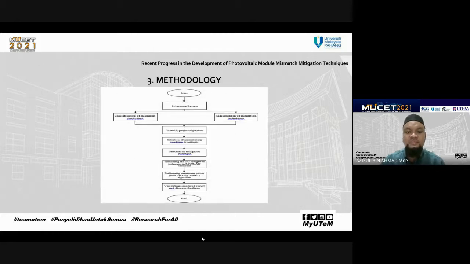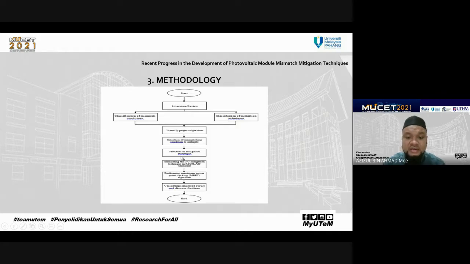For the methodology, as we have the literature review, we try to clarify the mismatch condition and mitigation technique. Then we identify the project objective. After that, we select the mismatching condition to mitigate.